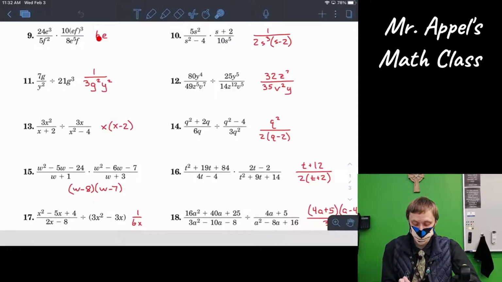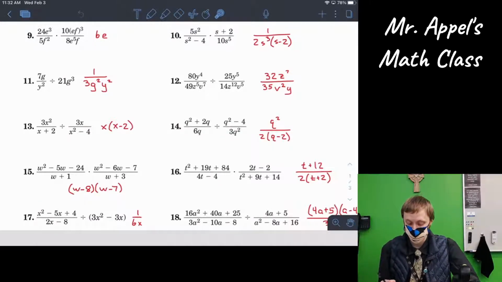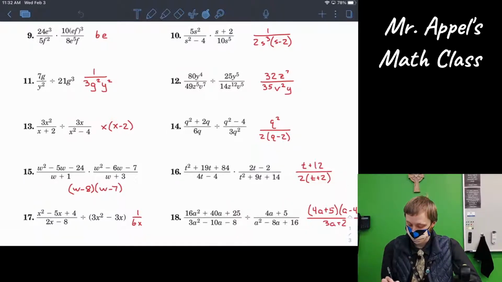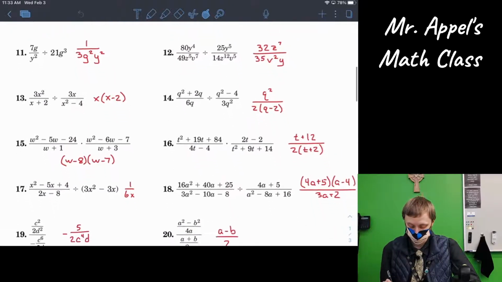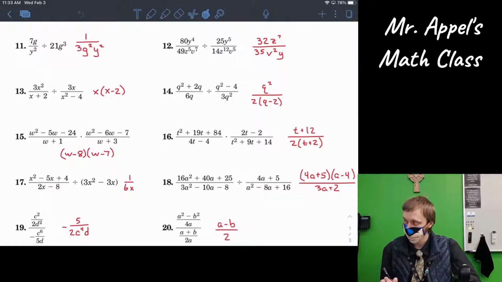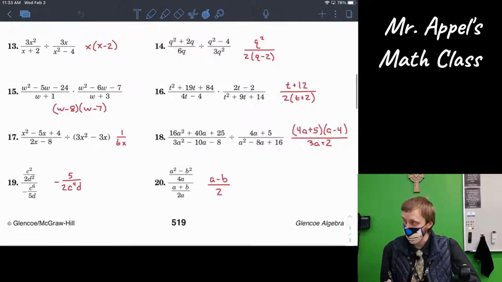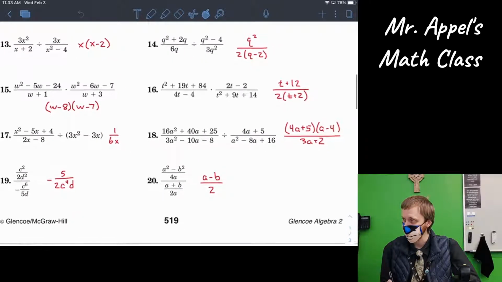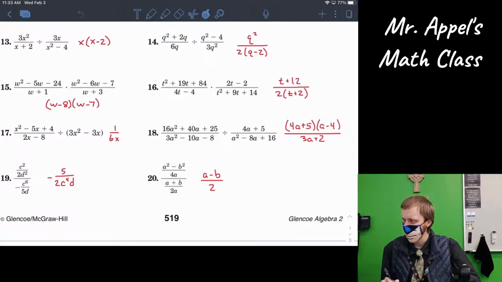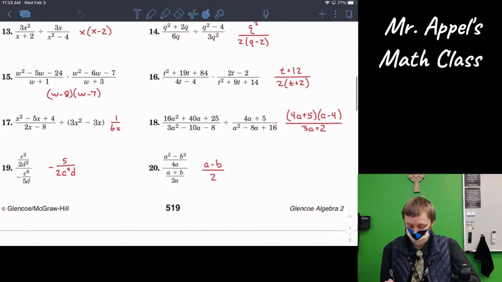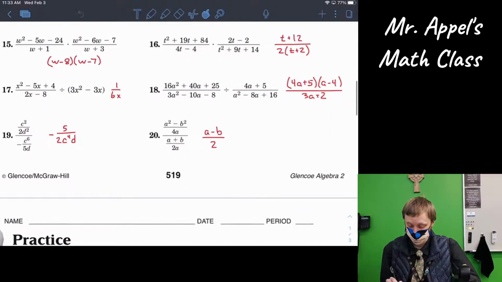That's a 6E, not a B. And they started to get a little wider. It's hard to get them all. Let's see, there we go. Okay. 18 almost got messy, but the factoring wasn't too bad there.